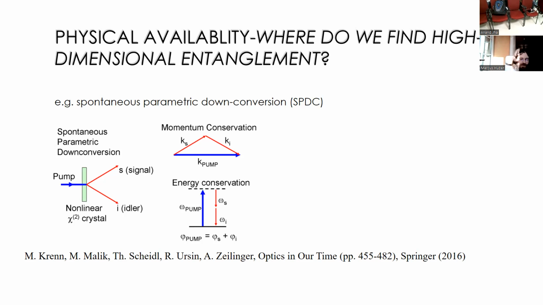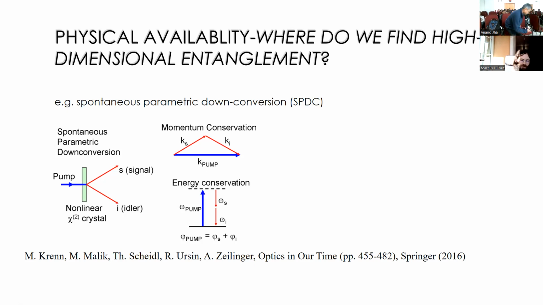Okay, perfect. So momentum conservation means that if there is a pump photon that creates a pair of signal and idler photons, the momenta of the 2 created photons will have to add up to 0, or to the momentum of the pump. And the energy of the two will also have to match the energy of the incident photon because of energy conservation.